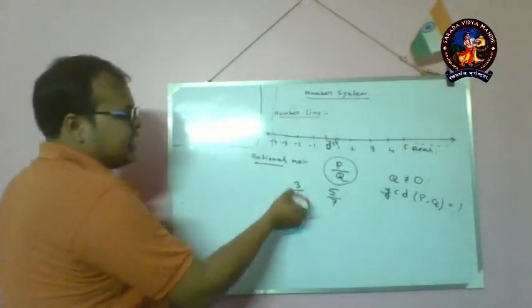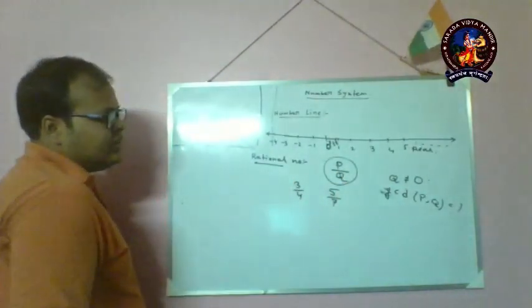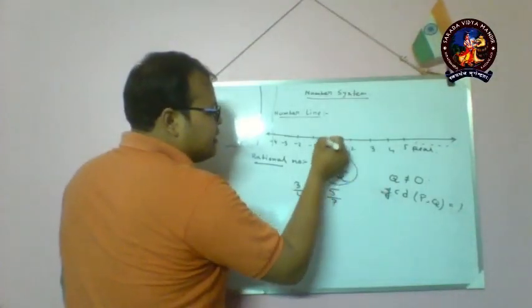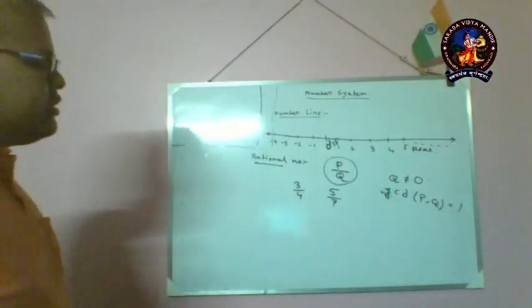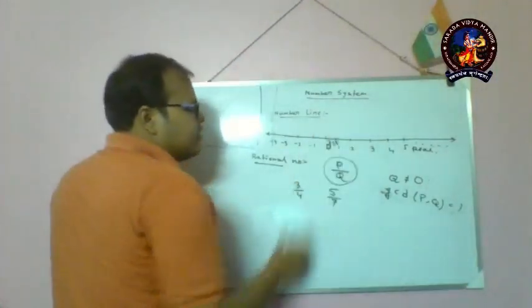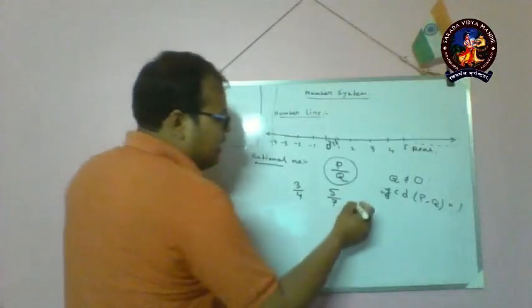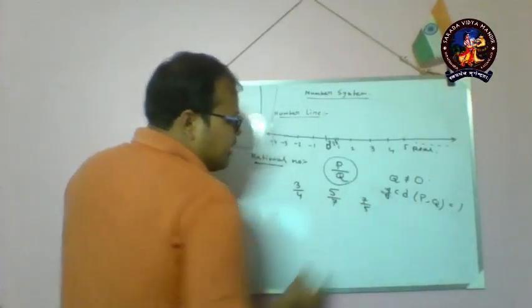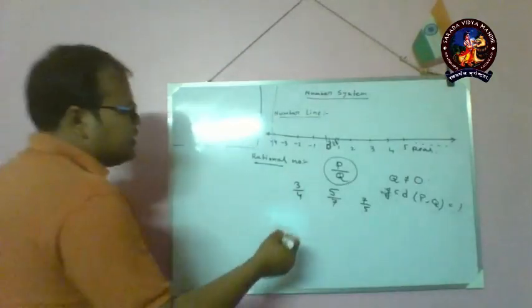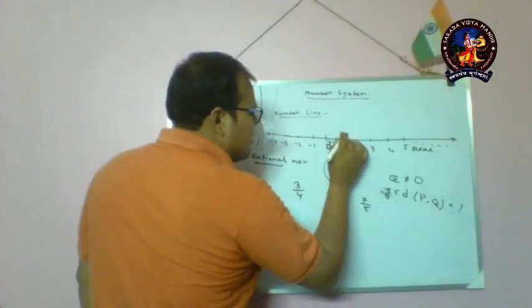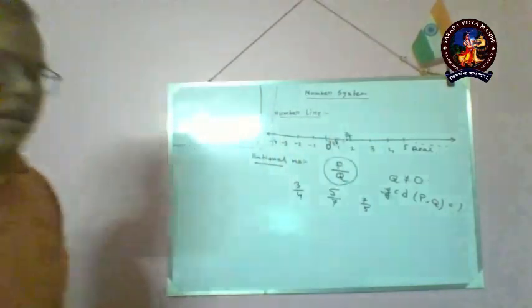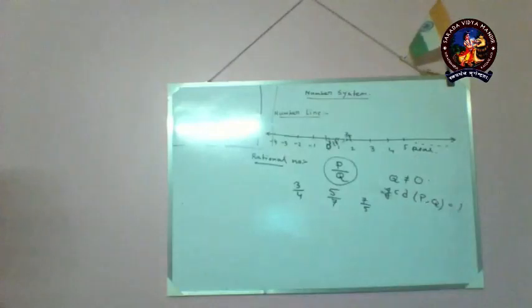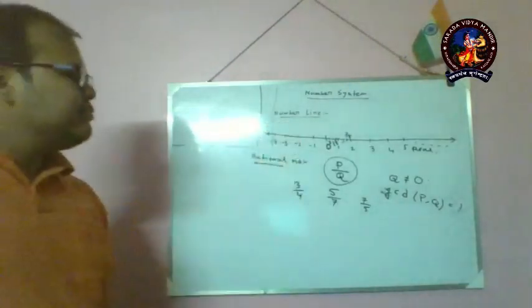For example, 3/4, it is obviously less than 1, so it should be between 0 and 1. And 5/7, it is also less than 1, so it should be between 0 and 1. And if I take 7/5, it is greater than 1 but less than 2, so it should be between 1 and 2. Okay, this way we can express the rational numbers in the number line.